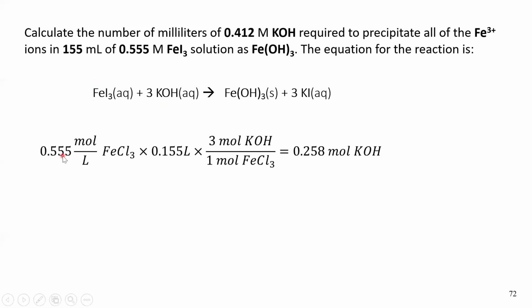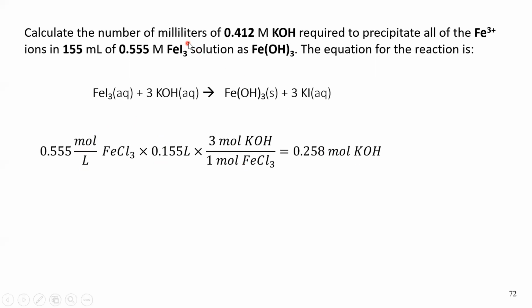All right, so if we take 0.555 moles per liter, remember that's what molarity means, and we multiply it by the volume, this essentially gives us the moles of the iron iodide. It's a 1-to-3 ratio to get to the potassium hydroxide, so we know the moles of the potassium hydroxide.